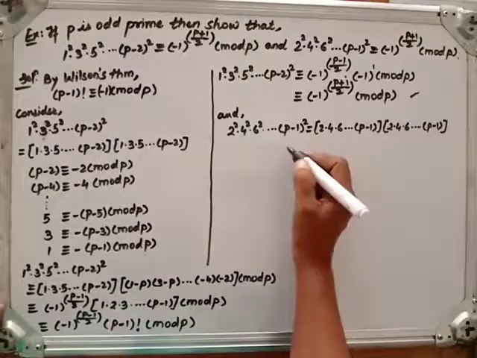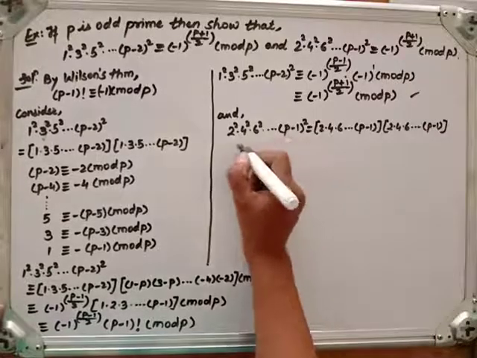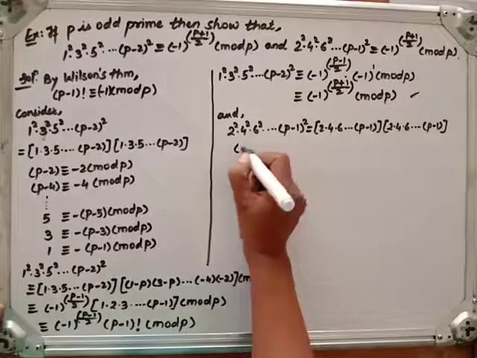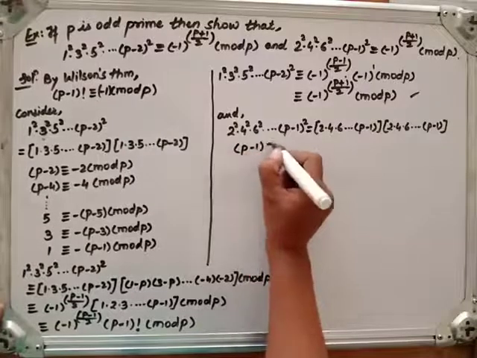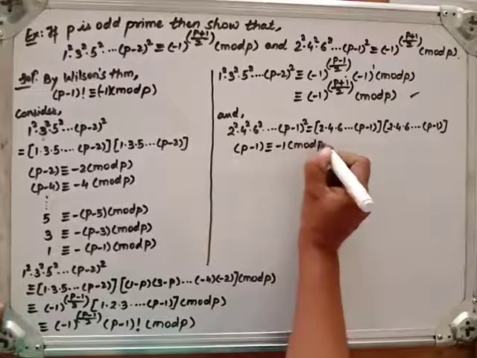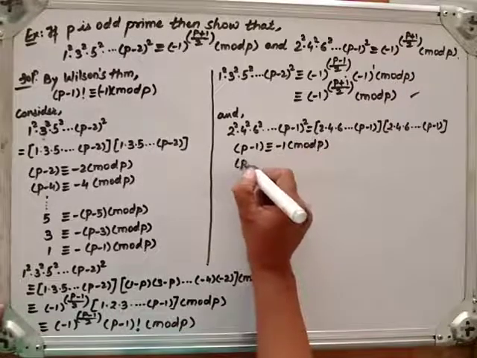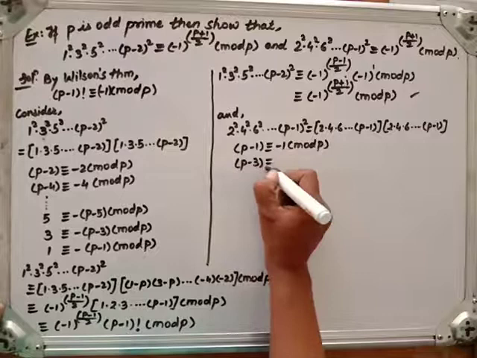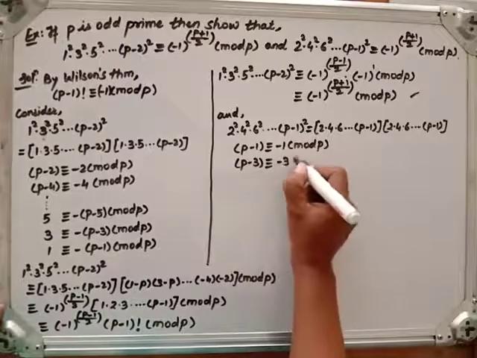Here again we get p minus 1 congruent to minus 1 modulo p, p minus 3 congruent to minus 3 modulo p.